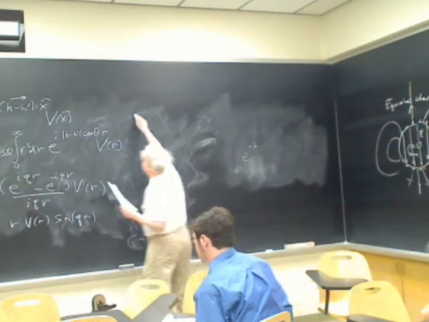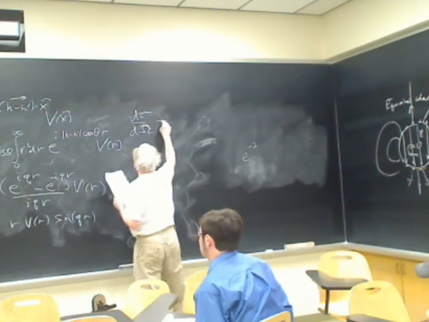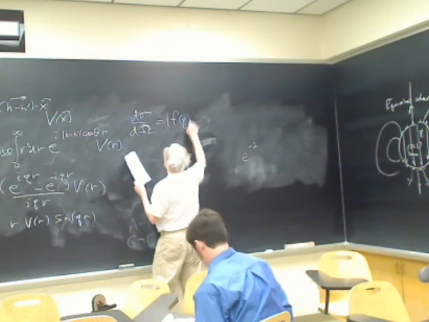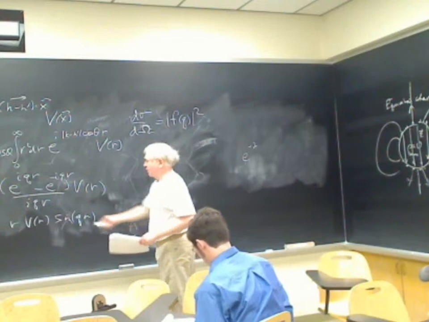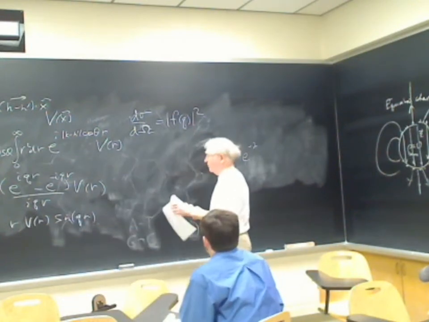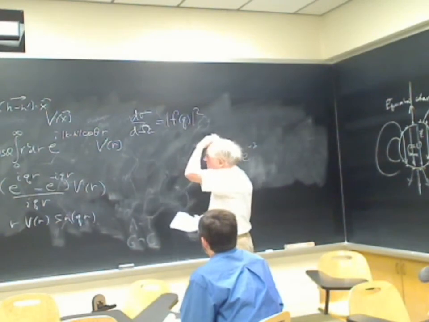And again, the differential scattering cross section is f of q squared. This only depends upon q, the absolute value of the momentum transfer. All right, now we can put in a particular potential.